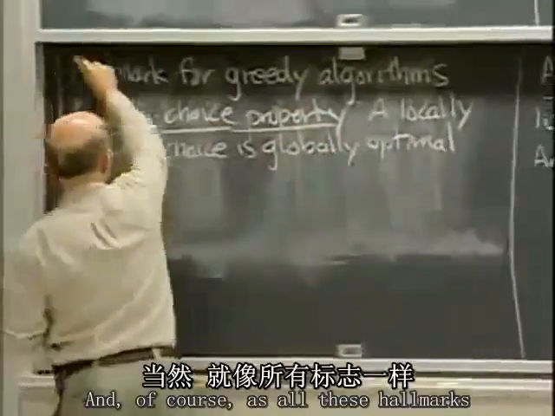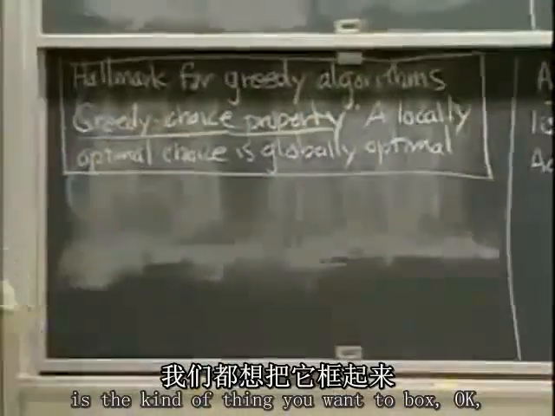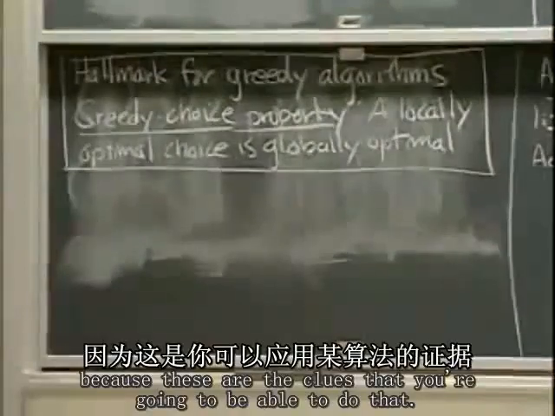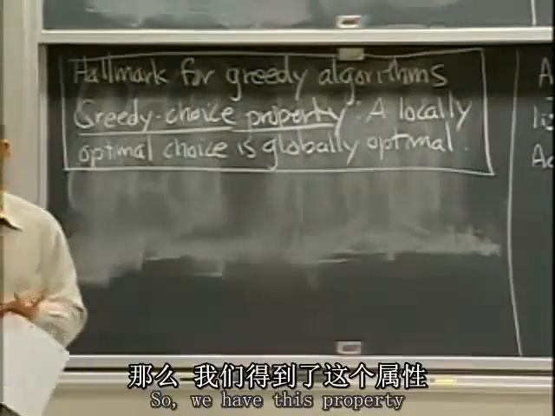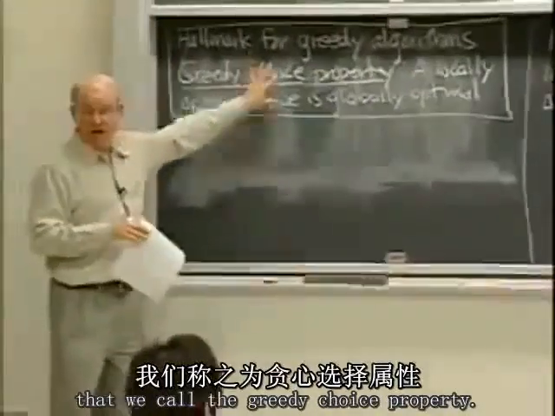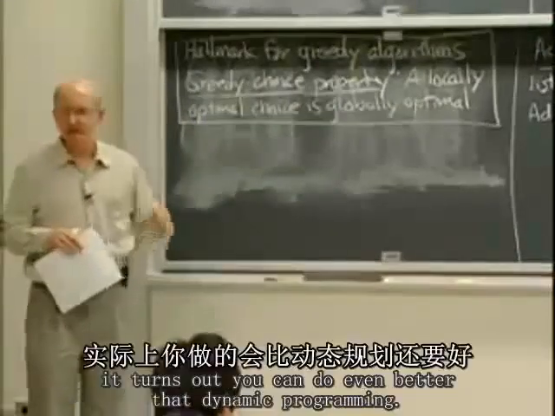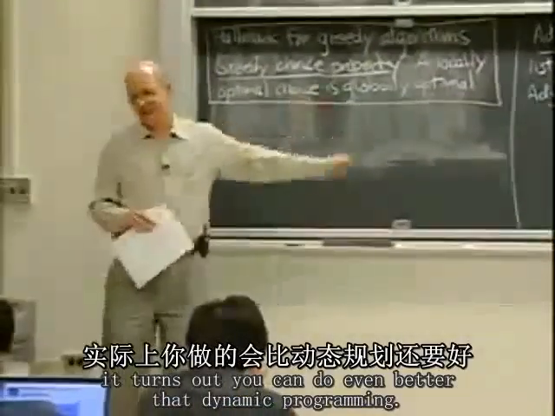And of course, as with all these hallmarks, this is the kind of thing you want to box, because these are the clues that you're going to be able to do it. So we have this property that we call the greedy choice property. I'm going to show you how it works in this case. And when you have a greedy choice property, it turns out you can do even better than dynamic programming.